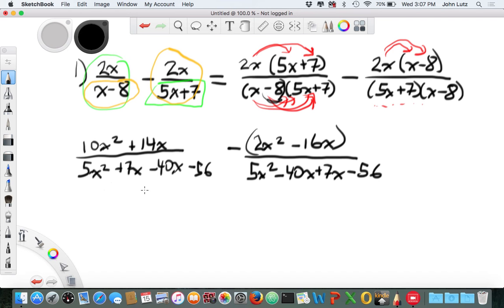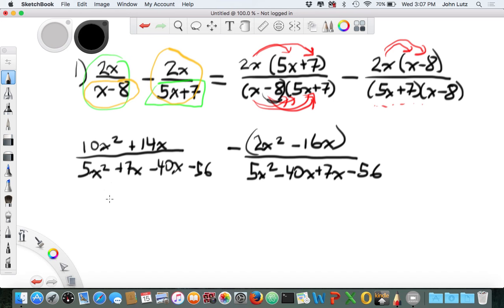Now notice, this minus 40x and this plus 7x, they're in different places, but we're going to see that they're both going to end up being minus 40 plus 7, which is minus 33. 7 minus 40 is minus 33.